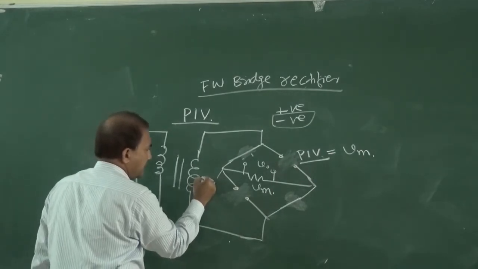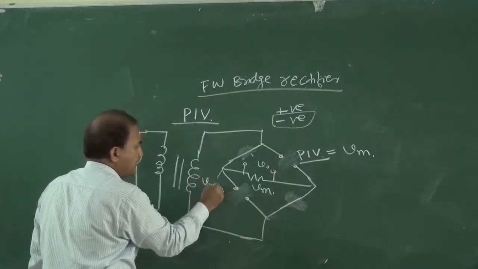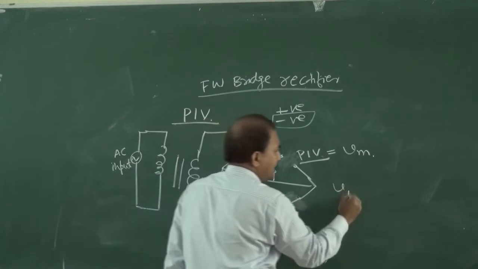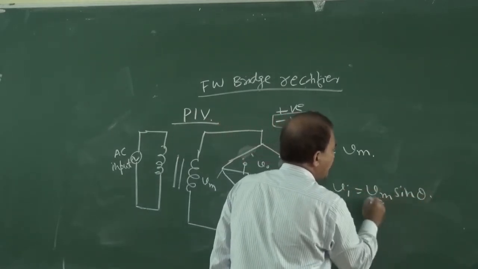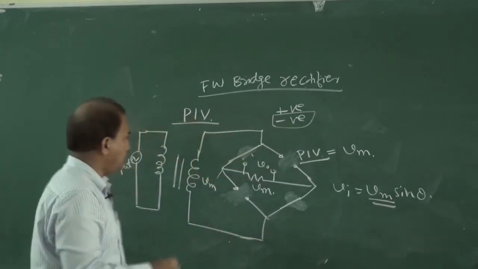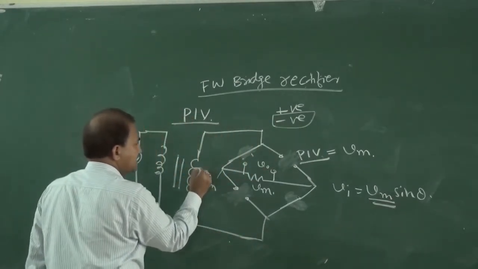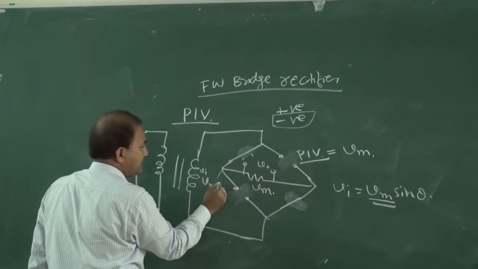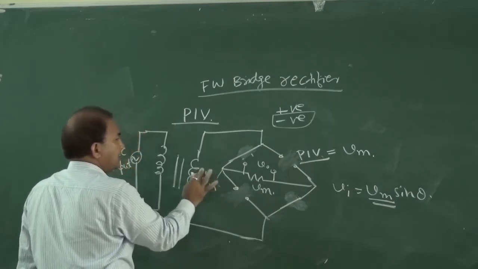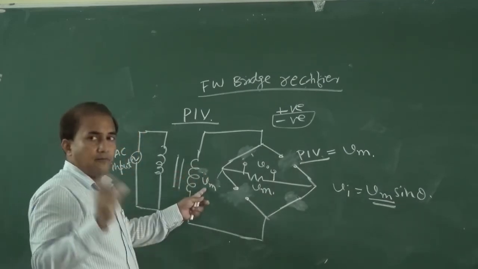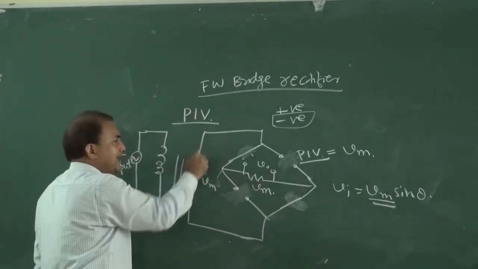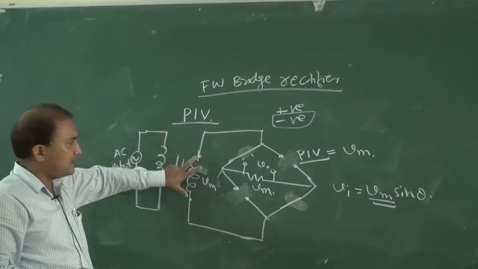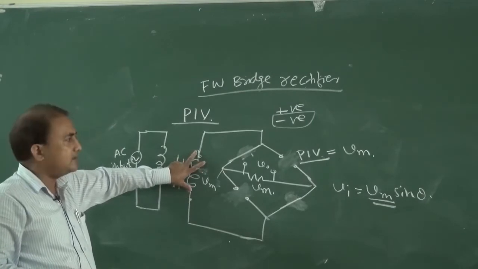Vi is equal to Vm sin theta, where Vm is the peak amplitude of the AC signal that appears across the secondary of the transformer.